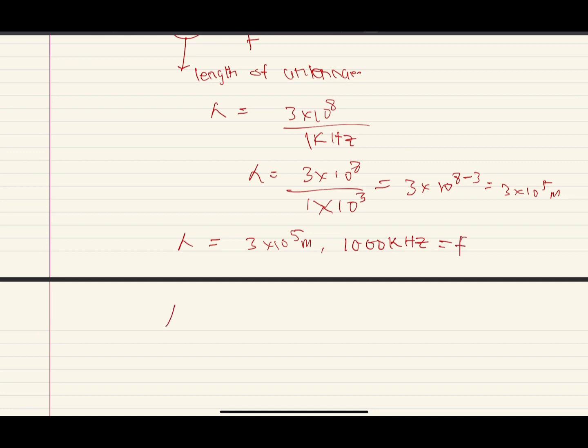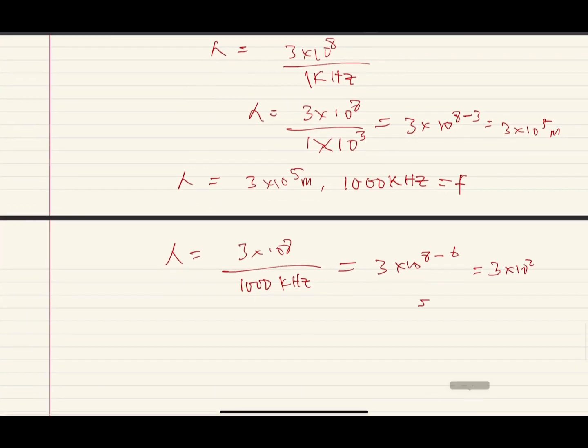We can see that lambda is equal to 3 times 10 to the power 8, which is the constant, over the 1,000 kilohertz. So it's 3 times 10 to the power 8 over 10 to the power 6, which is going to give us 3 times 10 to the power 2, which is equal to 300 meters.